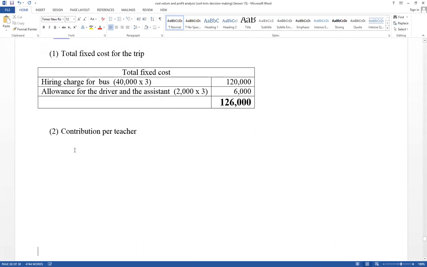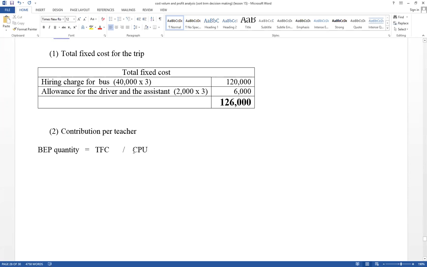Think about the break-even point equation. Break-even point quantity equals total fixed cost, which we know, divided by contribution per unit. Now we know the break-even point quantity and the total fixed cost.